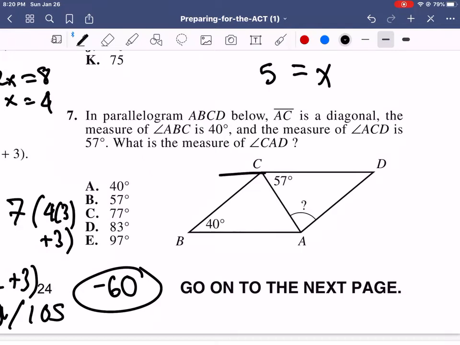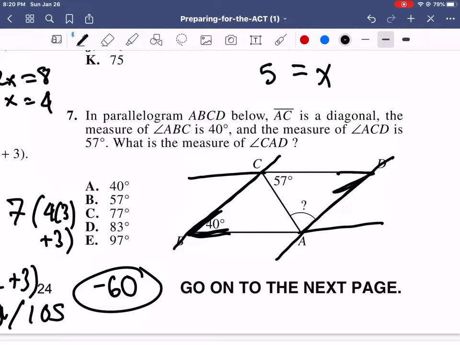So if you remember your angle properties of parallel lines, all you have to know is not the vocab terms, just how to solve it. So maybe this will jog your memory from geometry. So if you have this angle, interior and exterior angle theorems.